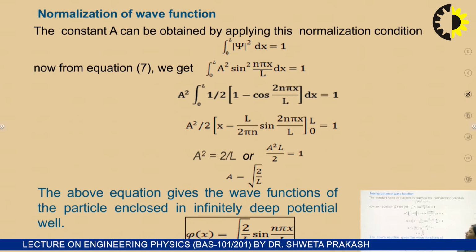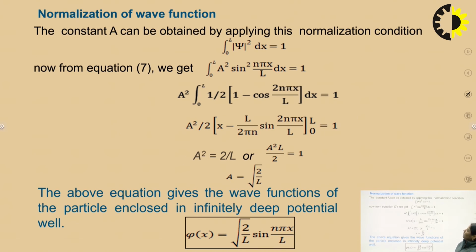Whenever we define a wave function and it is used in the Schrodinger equation, it is defining a particle which shows the dual nature. So the wave function has to satisfy certain conditions. One of the very important conditions that the wave function must satisfy is that it must be normalized.